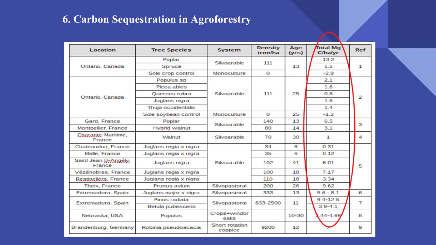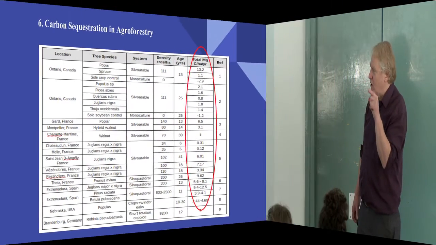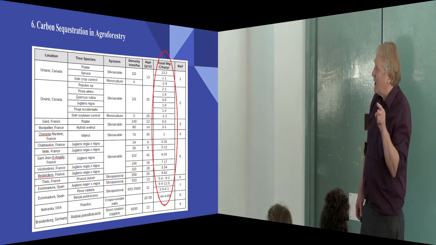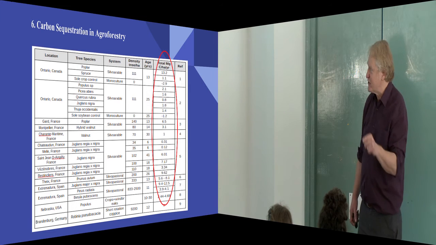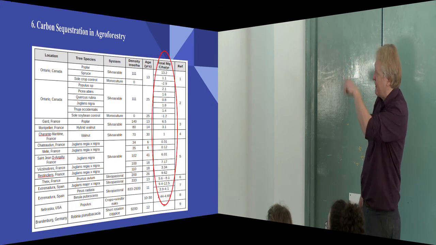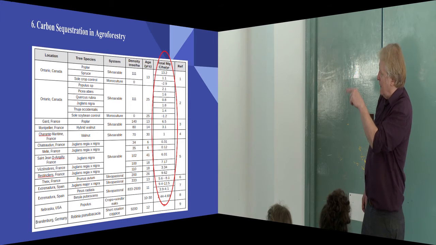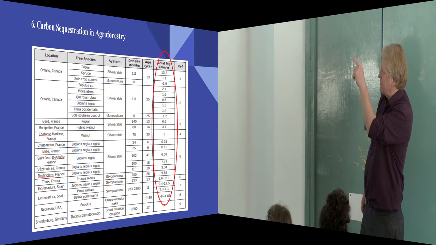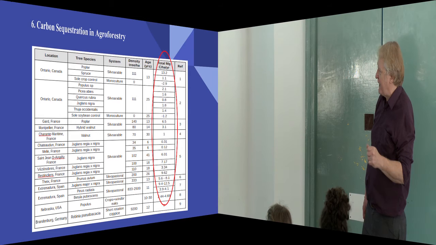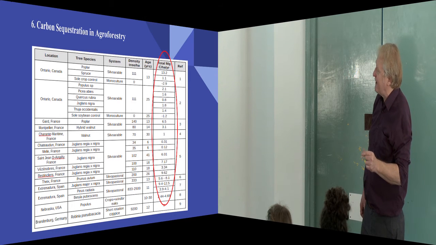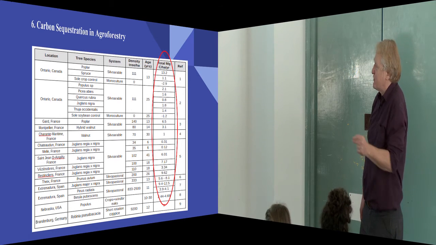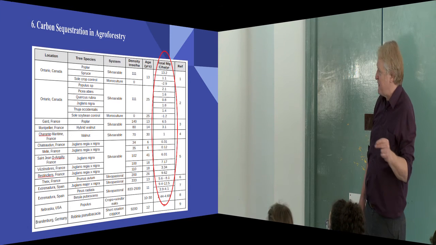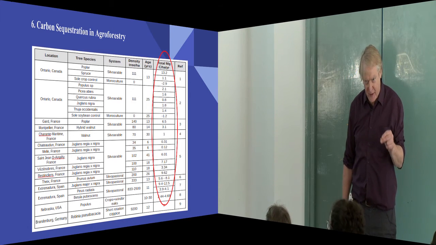But looking at the recently published temperate zone literature, and looking at the total tons of carbon, in this case not carbon dioxide, sequestered in those systems per year over various rotation lengths from 11 to 40 years, I think, 30 years there, we're getting figures of usually greater than 2 or 3, and sometimes as big as 12 or 13 tons of carbon per hectare per year.